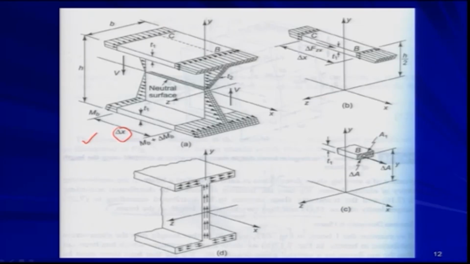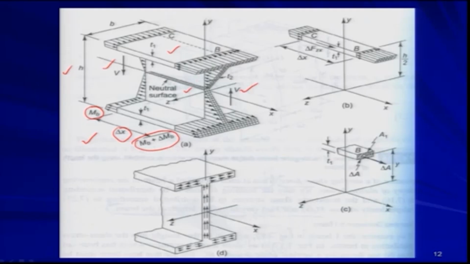On this section your bending moment is Mb, and on the right hand side your bending moment is Mb plus delta Mb. However, we are considering the shear force to be constant, not varying with x, the bending moment is only varying. The total depth of the beam is h, and this is called flange, as I told you in the last lecture, and this is called web.